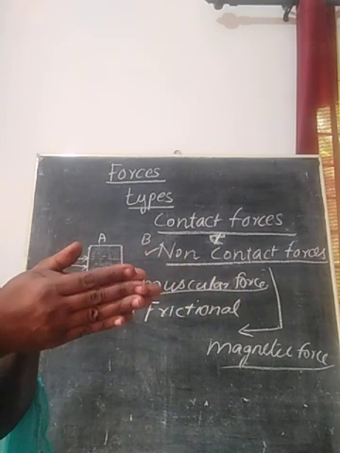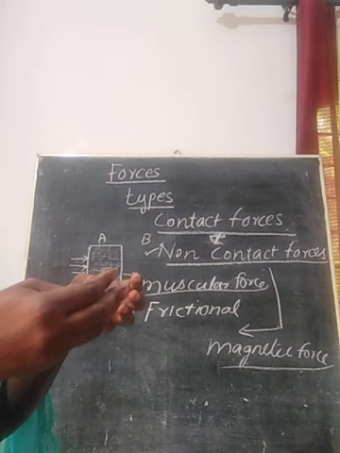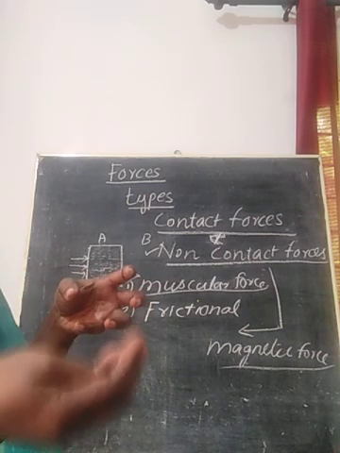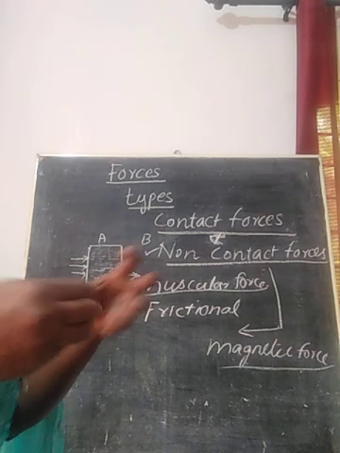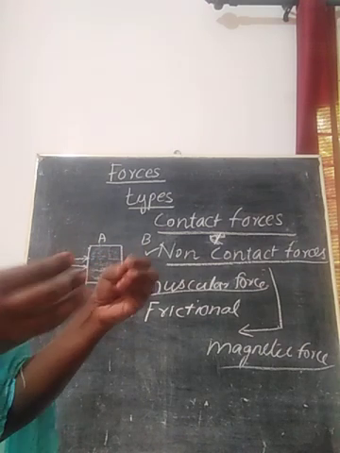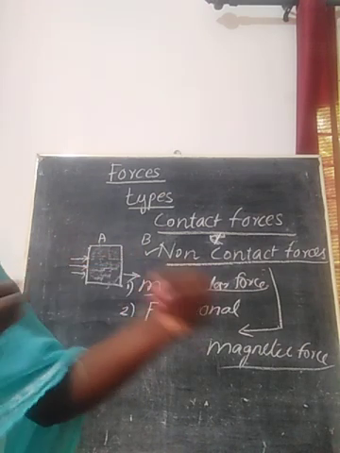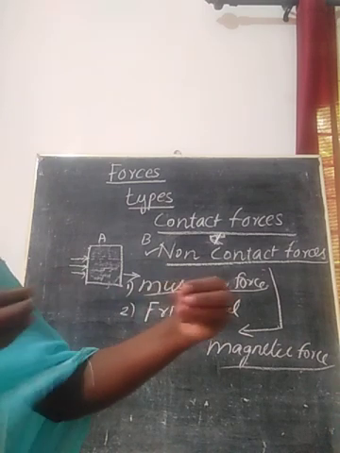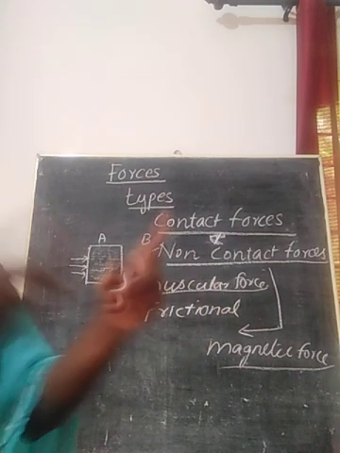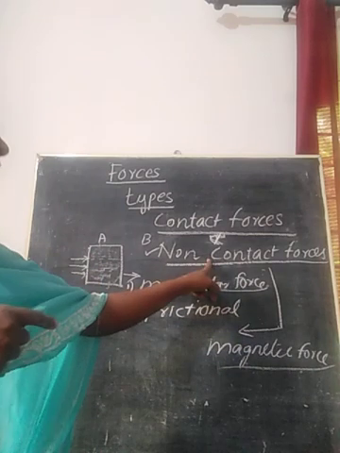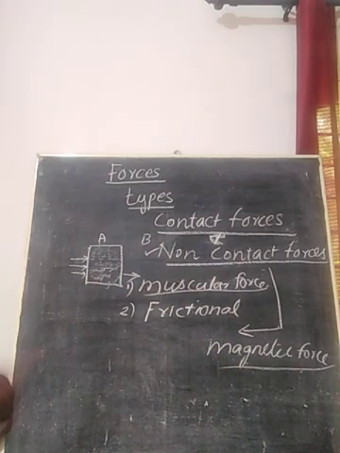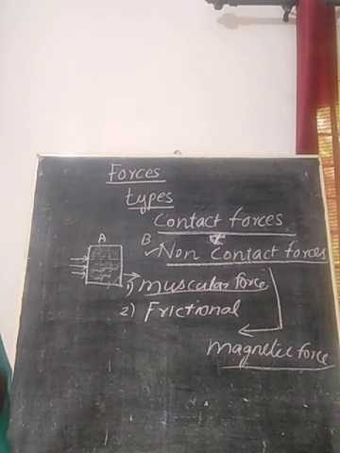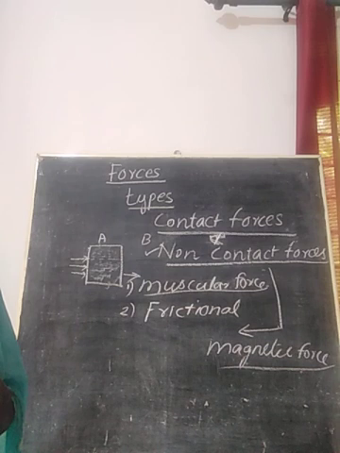They are kept far apart, but there is a force acting. No contact, but there is a force. That force is a non-contact force, the magnetic force. So magnetic force is an example of non-contact force, because the force is acting without any contact between the surfaces.